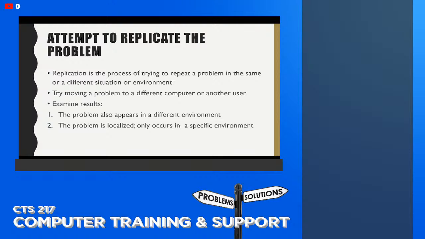Another reason why this is great for us is it just helps us see the problem. Right? Like if we can replicate the problem on the same environment, then we've seen the problem. It's one thing to tell a user, well, tell me about your problem. What's going on here? How's that going? And trying to gain an understanding from it.